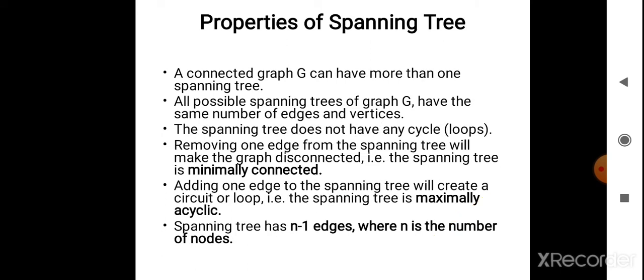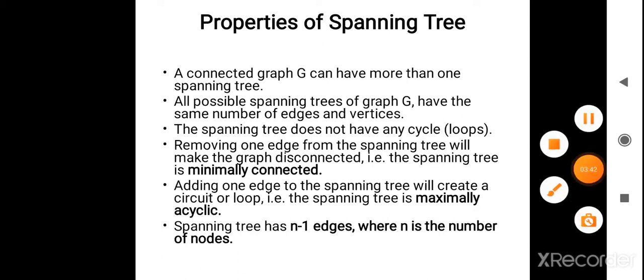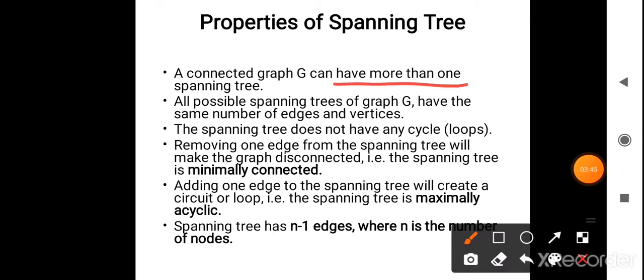Then what are the properties of a spanning tree? A connected graph G can have more than one spanning tree. All possible spanning trees of a graph G have the same number of edges and vertices.